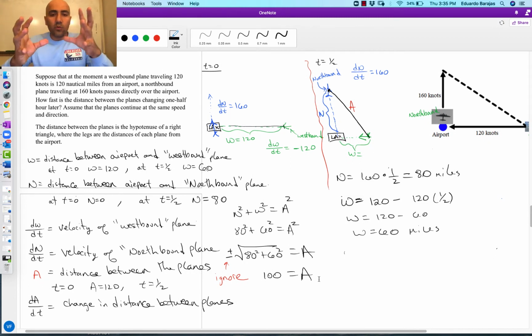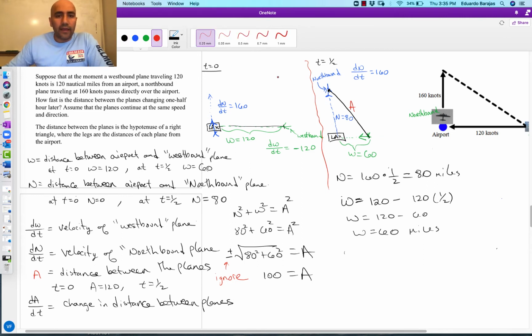Okay, so next we want to bring together all the variables. Let's fill out this one here. This was 60 in this one, and n equals 80 in this one. And A we just established was equal to 100.